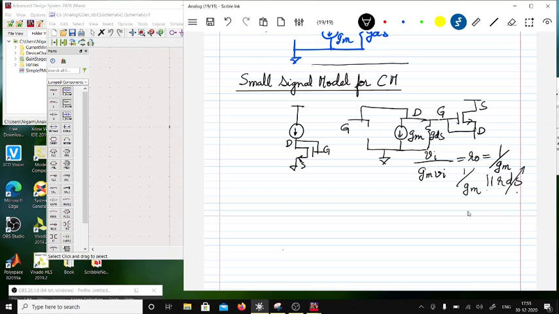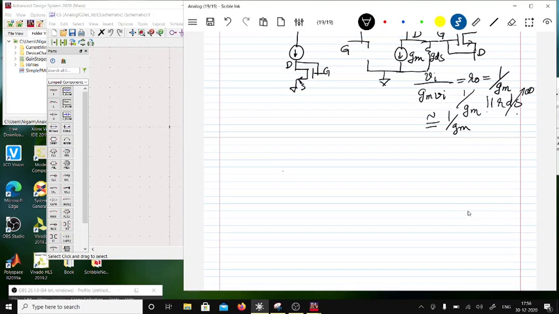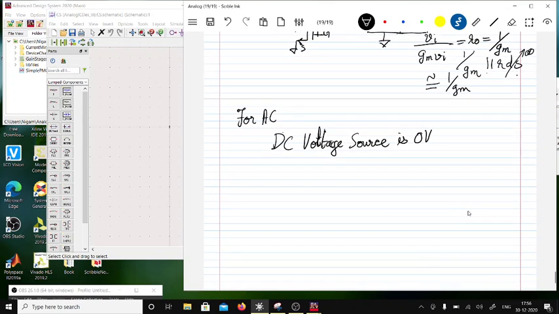And if RDS is much larger, then what you are left with is the equivalent resistance equal to 1 over GM. Okay, now one more thing you have to consider when you do circuit analysis is that for small signal or AC, a DC voltage source is 0 volts, and a DC current source is open.